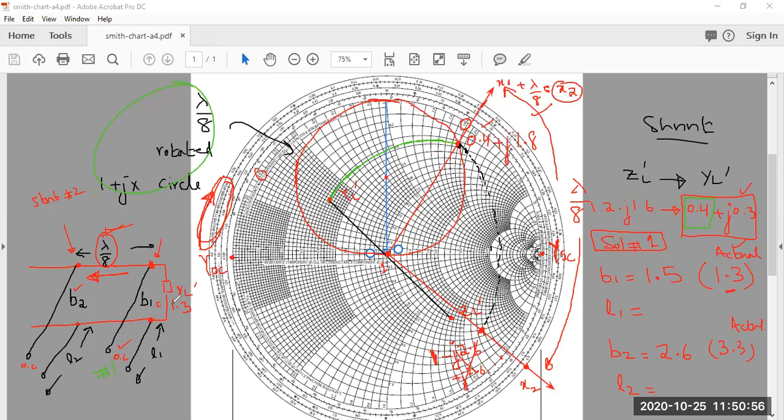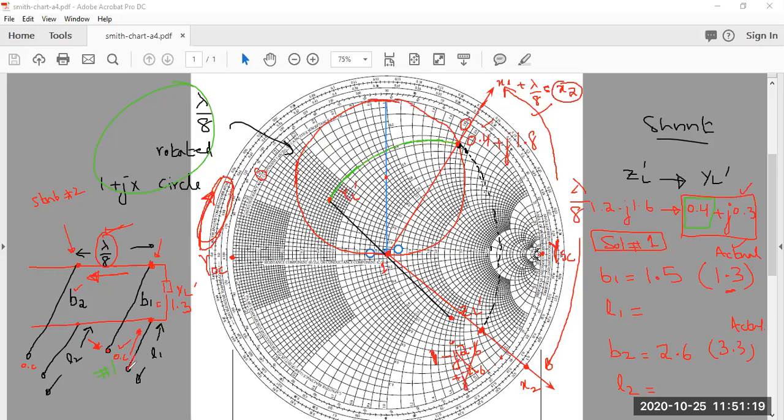Okay. Now, assume that you are standing at this point. You are at this point from the circuit point of view, and from the Smith chart point of view, you are standing over there. And now you need to find L1, so you will be going in this direction. So this is L1 equal to 0.